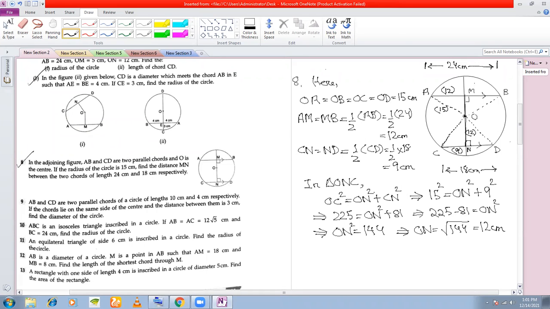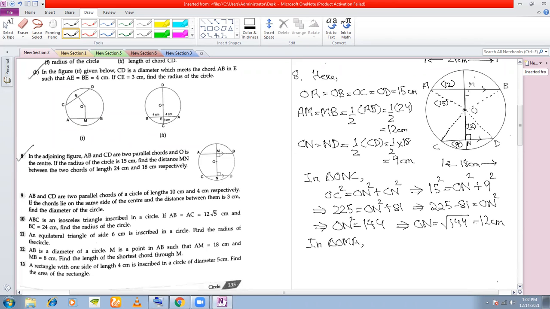We'll now proceed to find OM. How do you find OM? Consider the right triangle OMA. In triangle OMA, OA is the hypotenuse, OM is the perpendicular, and AM is the base. Put the values. What all do you know? OA you know as 15, OM we need to find out, and AM is given to be 12.